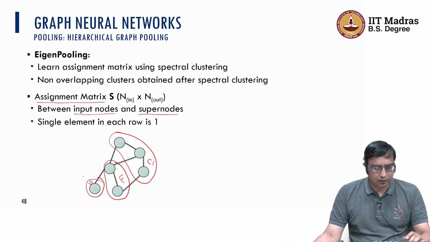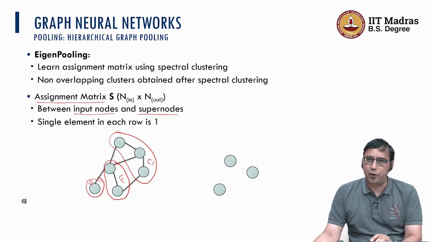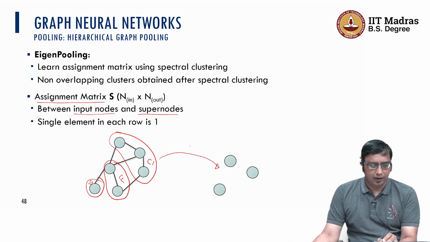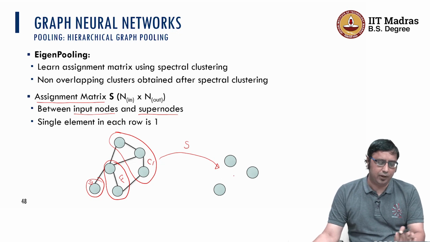They are non-overlapping clusters, and then I can construct the 3 super nodes. Then the objective here is to go from this to this and create an assignment matrix S, which allows us to create a coarsened graph from the input graph.